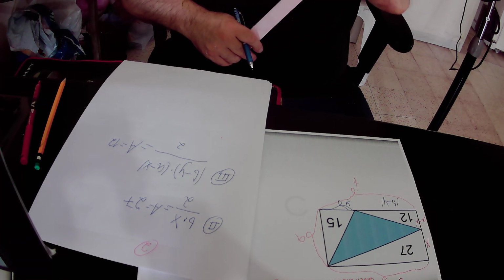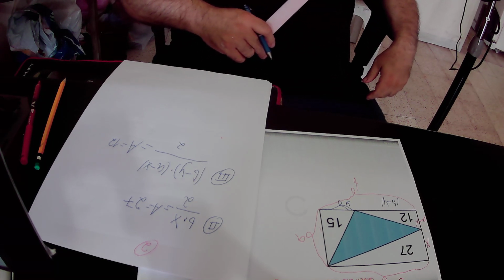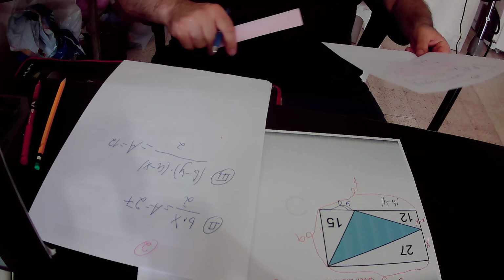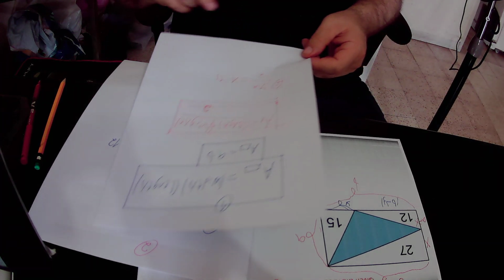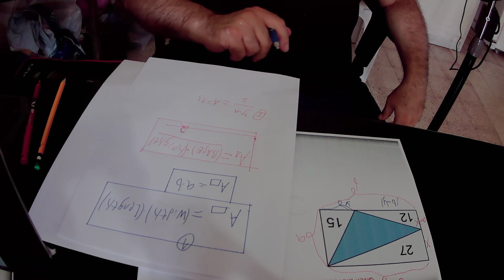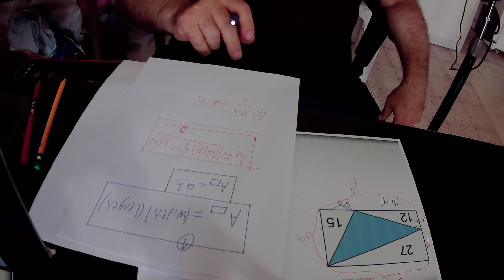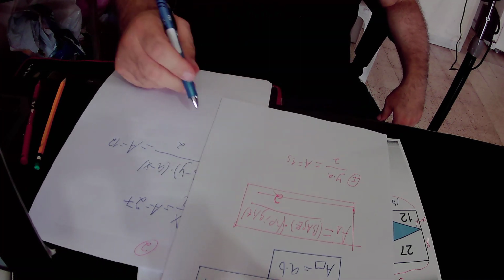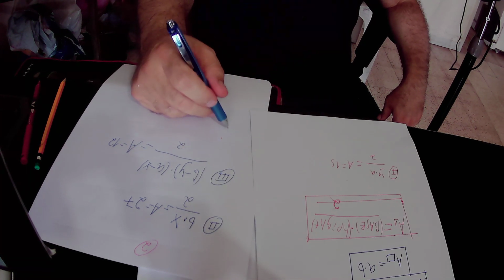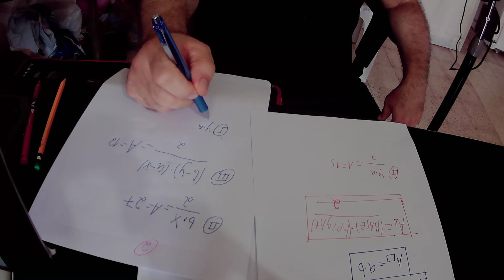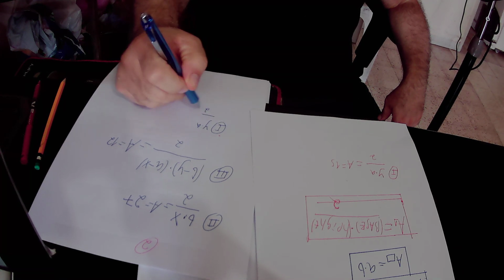Okay, so now we will take y out of the first equation. The first equation is y times A divided by 2 equals 15.